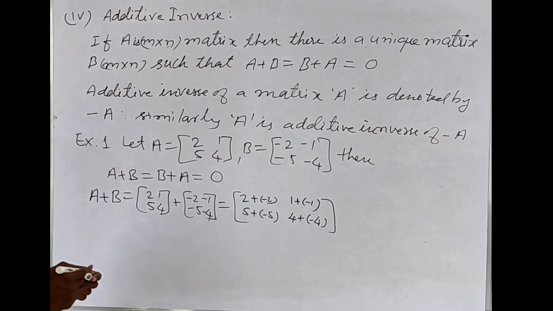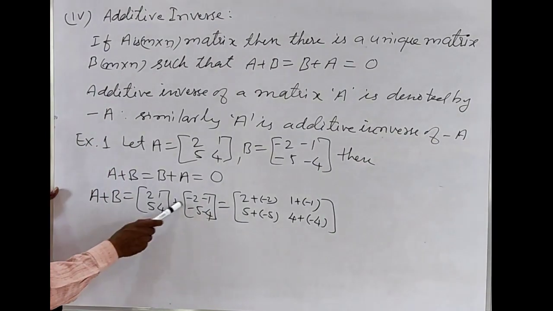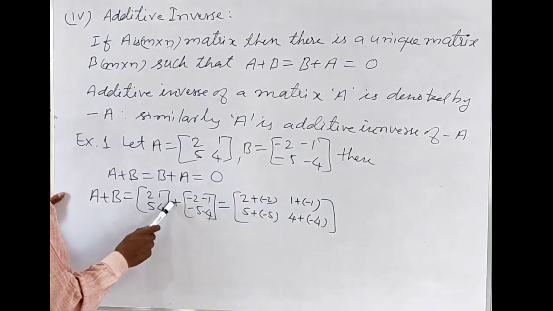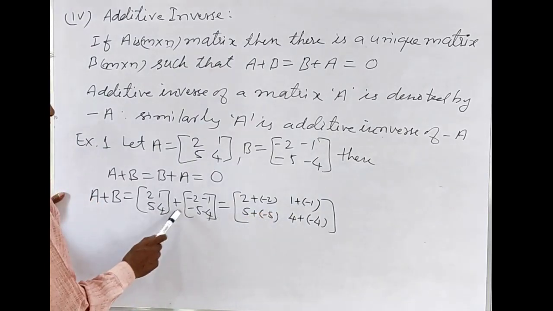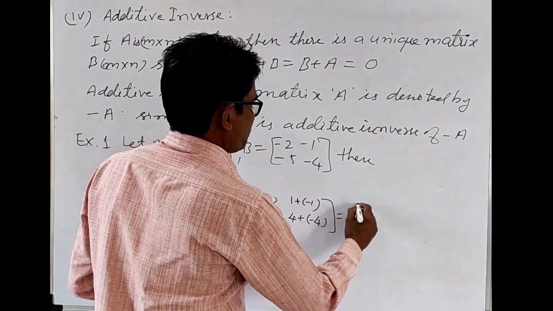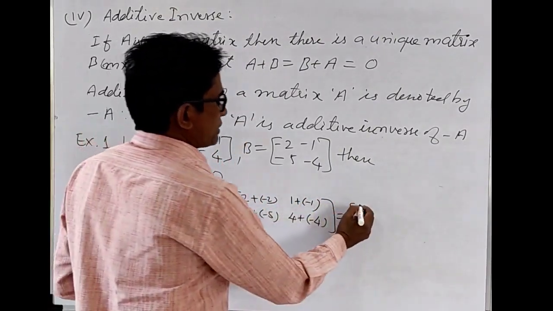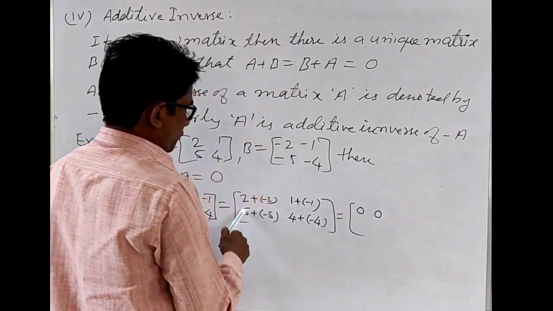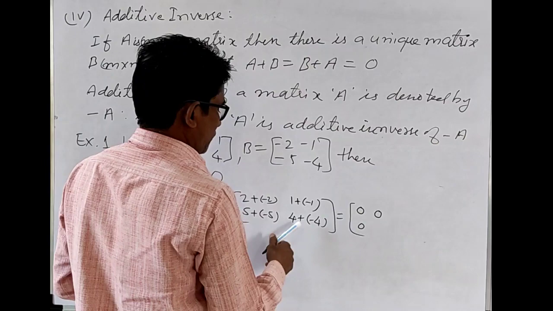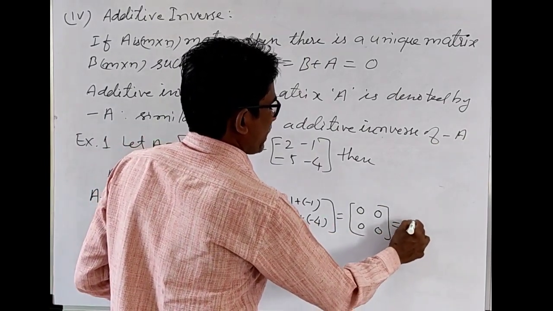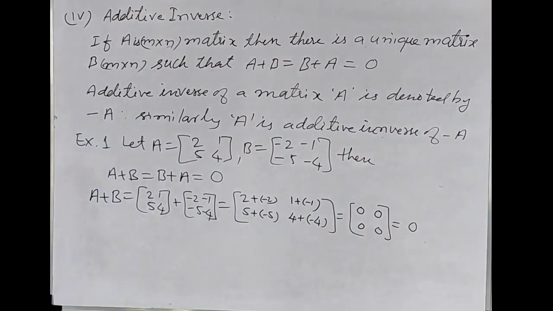So this is the addition of matrix. So here we get 2 plus minus 2 gets 0. In the same way 1 plus minus 1 also 0, 5 plus minus 5 also 0, 4 plus minus 4 also 0. So this is nothing but O matrix. O matrix is called null matrix or 0 matrix.